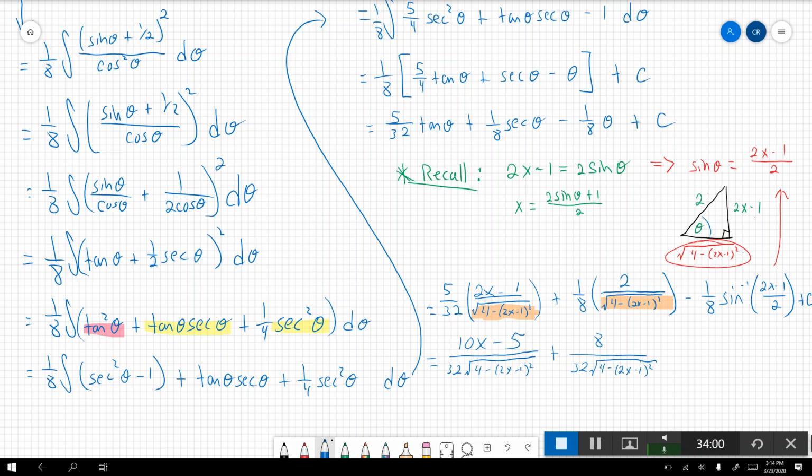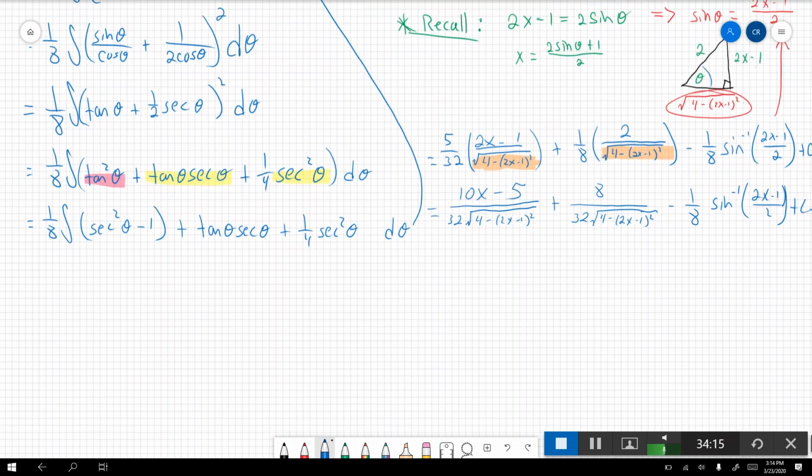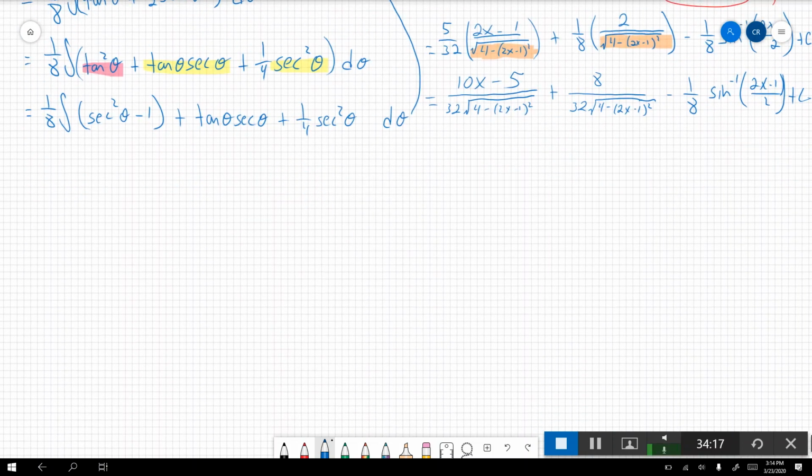Nice. Minus 1/8 multiplied by sine inverse of (2x minus 1) all divided by 2, and that's plus C. Almost done. Hang with me, people. Hang in there. All right.